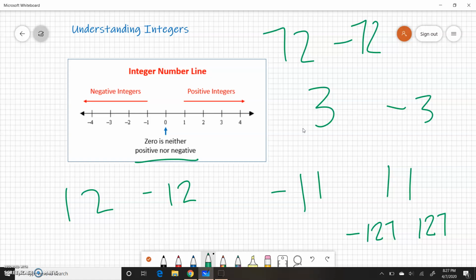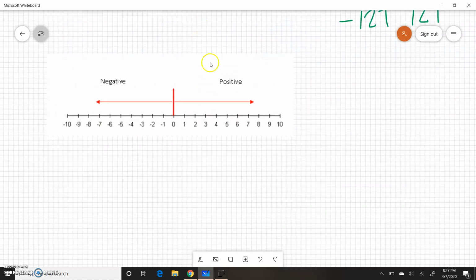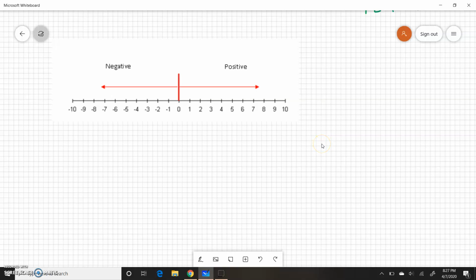The other thing that they're going to want you to understand is absolute value. So let's see here. I'm going to go down on my board. Looking at this next number line, what this is really representing is that positive and negative numbers go on forever. The positive ones move to the right forever and ever, as high as you can count, and the negative numbers move to the left as far as you can count.